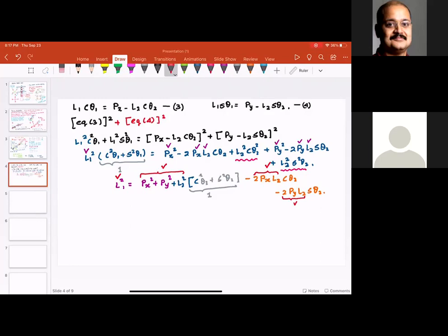So this equation is of the form C is equal to A cosine theta 1 plus B sine theta 1. In this particular case, this equation is actually in terms of theta 2, but I want you to note that this equation is of the standard form that is given over here. This is called the standard form.